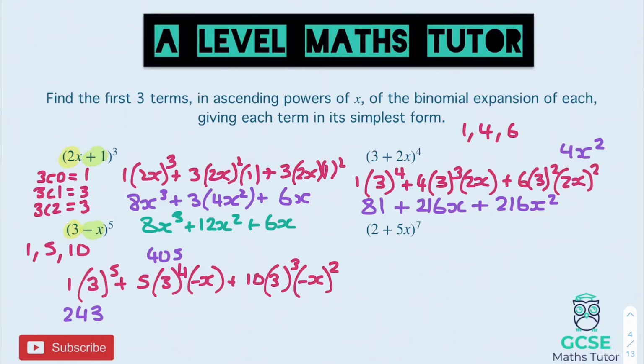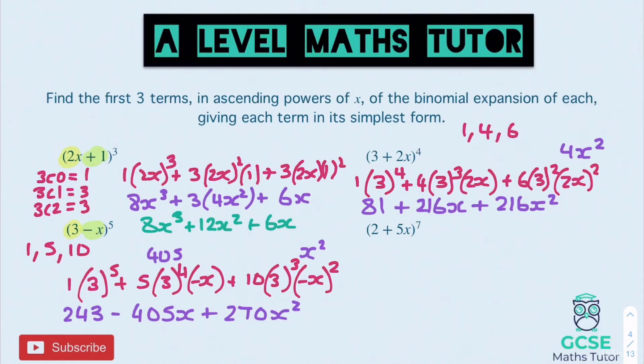So let's get rid of that plus. So minus 405x. And we're going to add to that 10 times 3 cubed. 10 times 3 cubed is 270. Negative x squared is going to be positive x squared. So we have plus 270x squared. There we go.